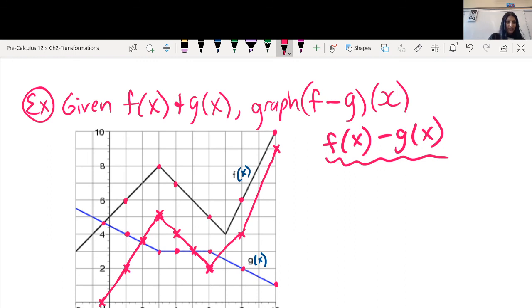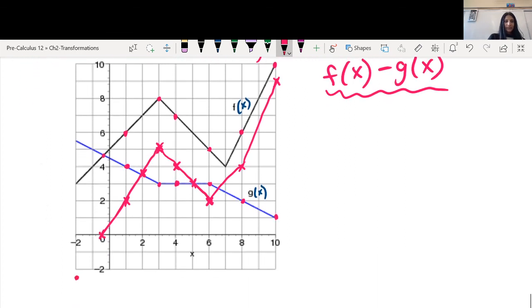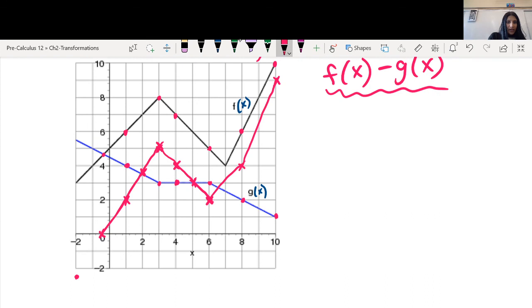And over here, it looks like it's at about 5.5, and this is at 3. Also remember that this is reversed at this point. So if we're doing f of x minus g of x, I'm going to write this one out. This would actually be 3.